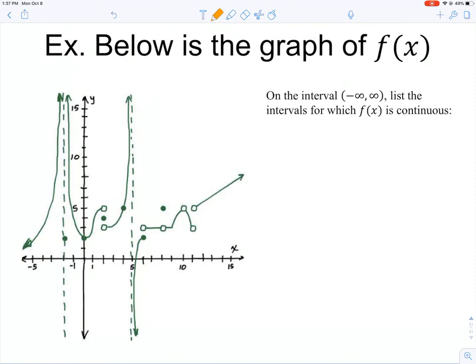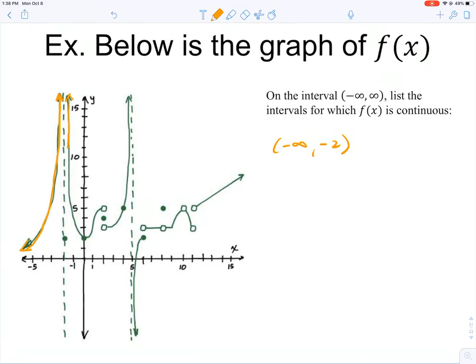So we're going to read this graph from left to right and determine the intervals where the function is continuous. So let's read left to right. We can see that from negative infinity, it looks like, to negative 2, f is continuous.